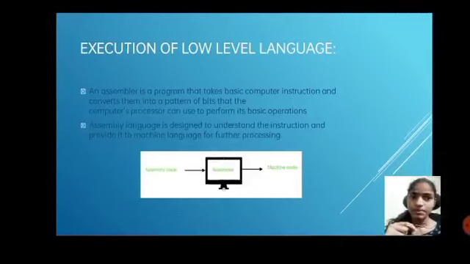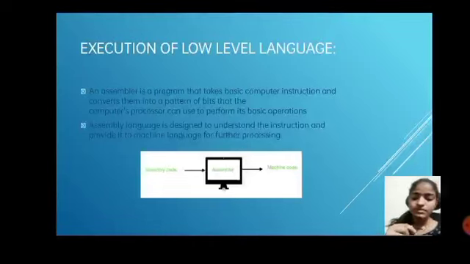An assembler is a program that takes basic computer instructions and converts them into a pattern of bits that the computer's processor can use to perform its specific operations. So here we use an assembler, whereas for a high level language we use a compiler or interpreter.